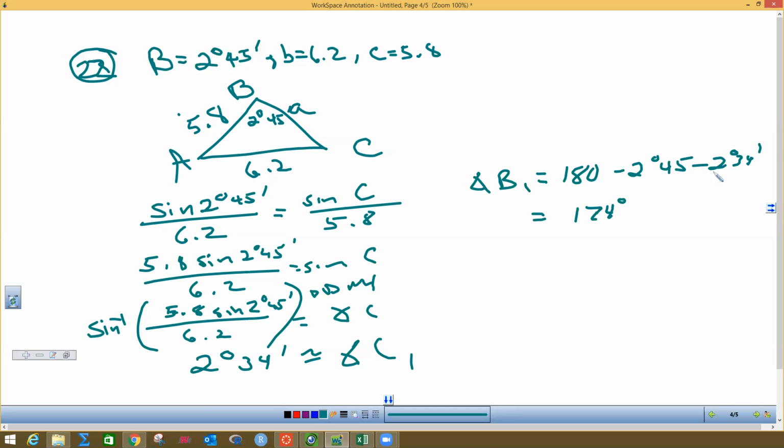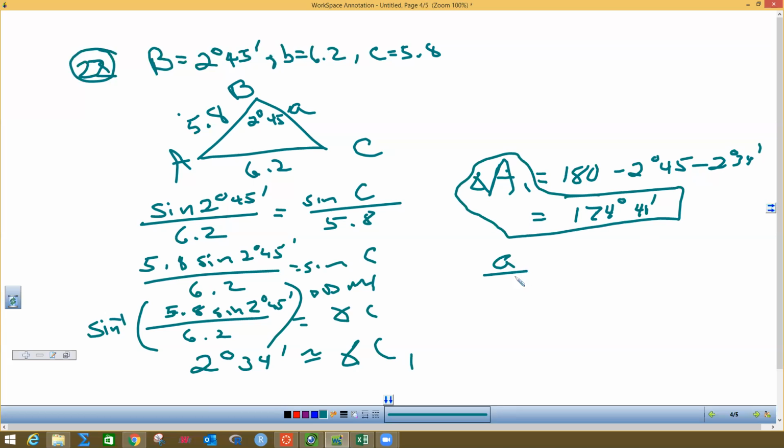Is that angle A? Yeah, angle A, not B, sorry. 174 degrees, 15 onto there, which leaves me 19. So 41 is angle A: 174 degrees 41 minutes. And then I have to get little a.